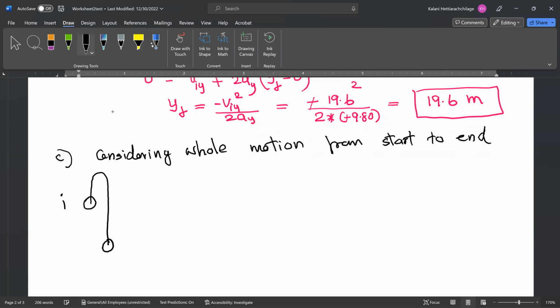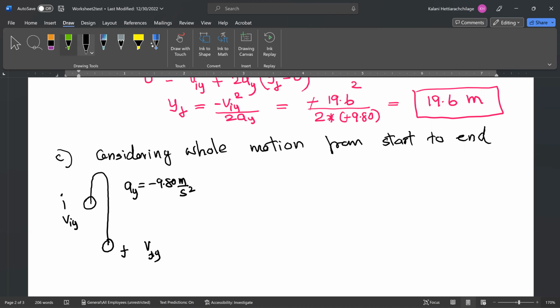This is where you're going to choose initial, and this is where we're going to choose final, right? Now acceleration is always in the y direction, 9.80 meters per square second. And now you have the initial velocity in the y direction, we already found it. And v final is the one we need to find.